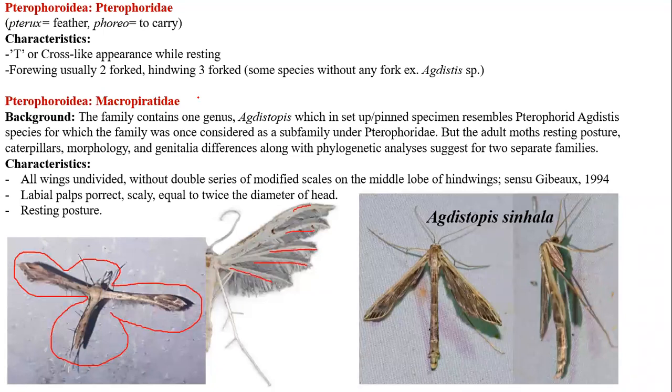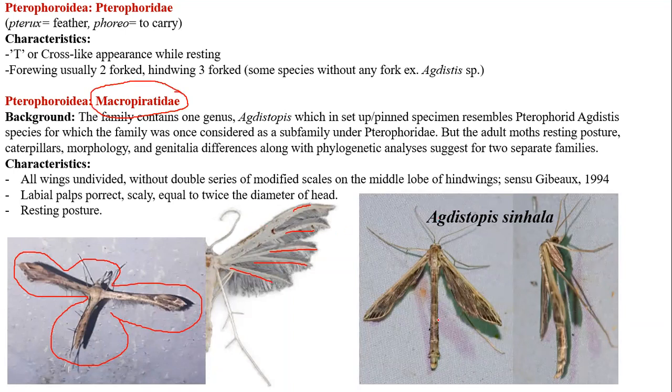Now, the next family, Macropyridae. As I have already said, Pterophoridae members show feathers on their wings, but this is not true for all cases. There are some exceptions as well. For example, the members of genus Agdistis don't have these feathers on their wings, though they belong to family Pterophoridae. For this reason, the members of the family Macropyridae are often confused with family Pterophoridae.